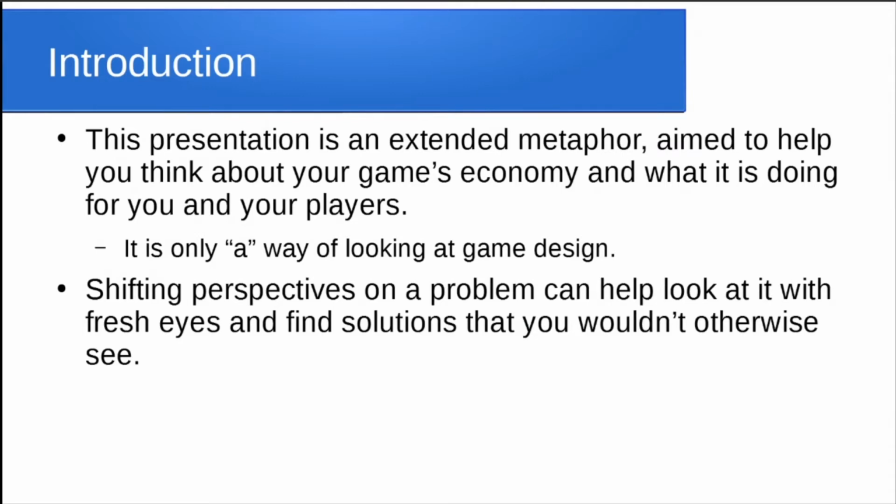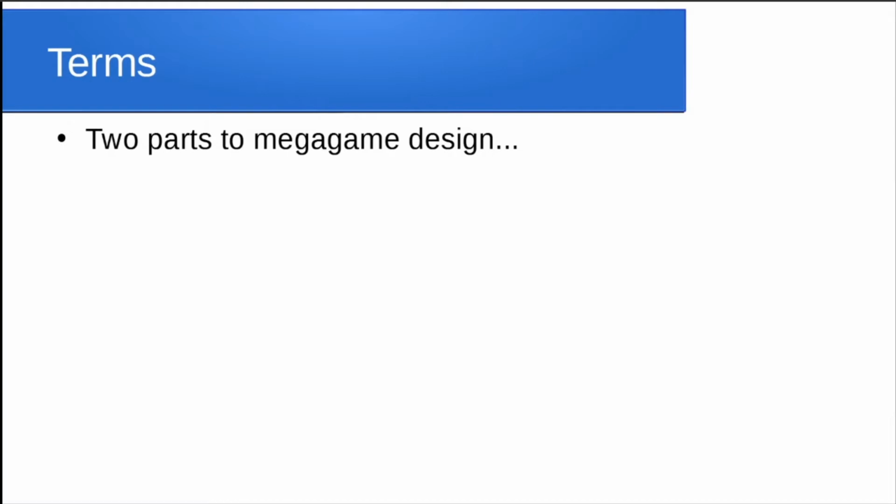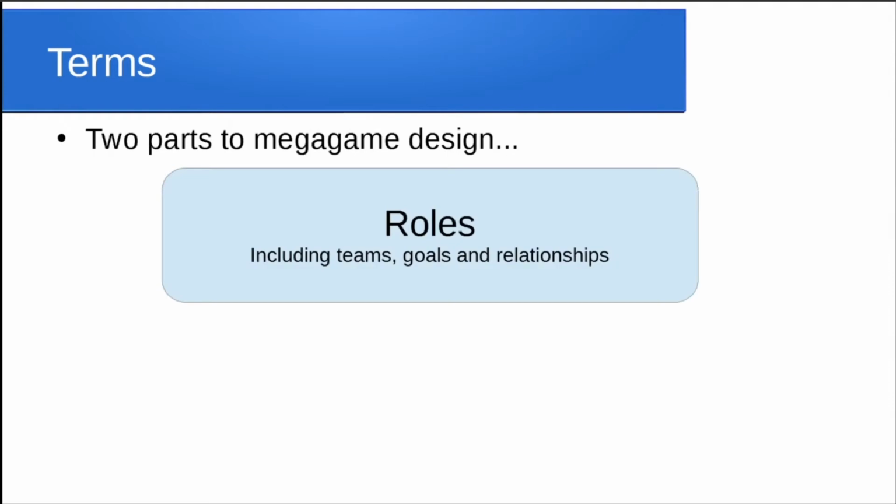So first, we will define a couple of terms, very similarly, I think, to how Alex did in his. There are two main parts in megagame design. So we have the roles.